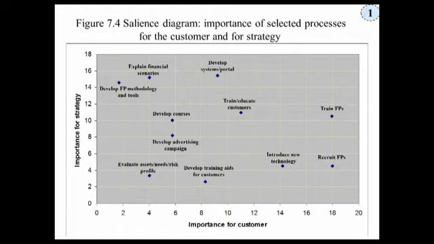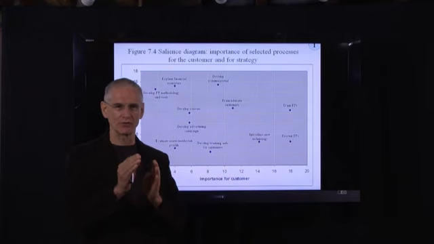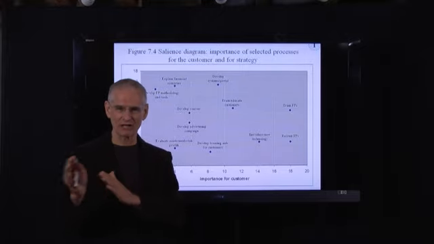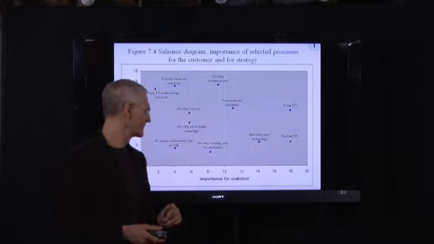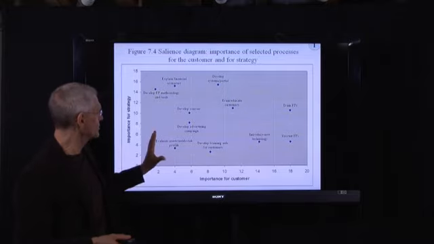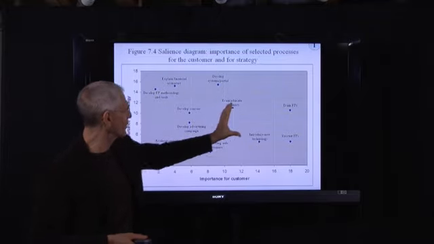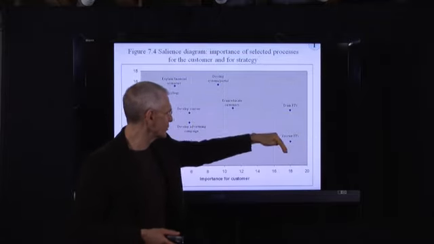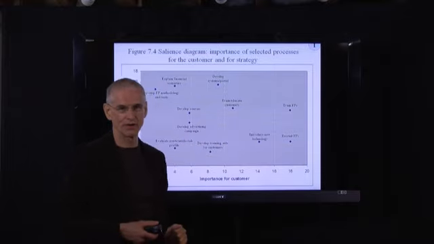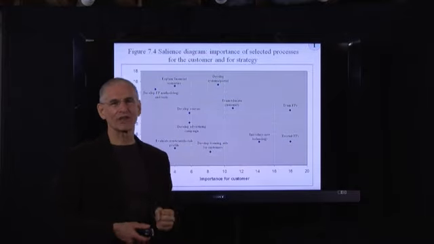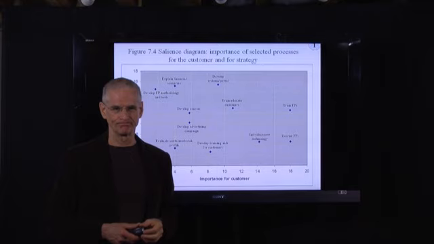This is presented in the book in terms of matrices that correlate key strategic issues with processes and key customer needs with processes. If you map those, you can isolate the more salient processes as those that are important to customer and strategy. But that's not enough to decide what you're going to do.